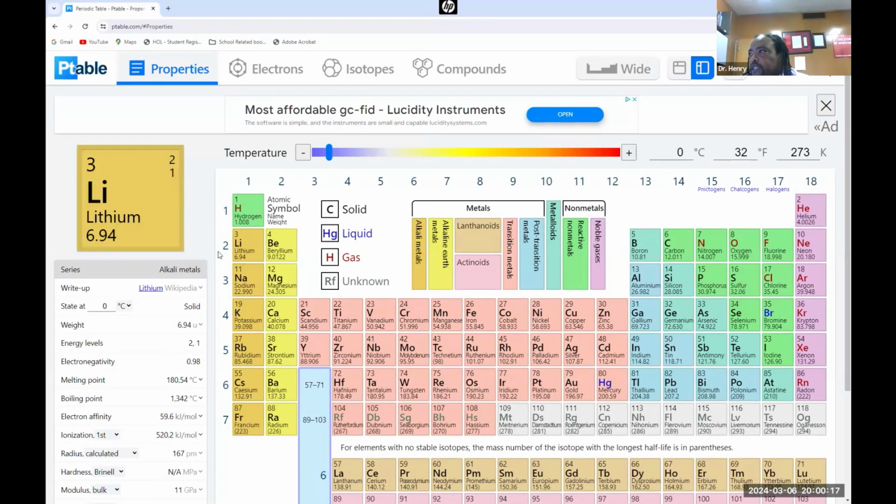Okay, if you look on the side, these are periods. At the top, these are groups. Our periods represent our principal energy level. So if we have an electron in period 1, then that would be our first quantum number, 1. Okay?